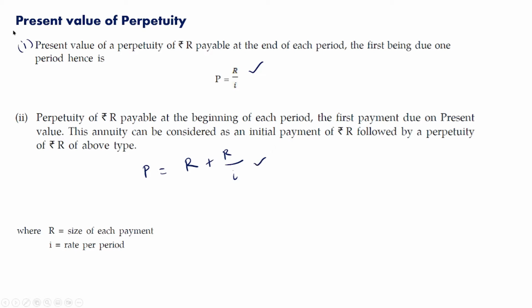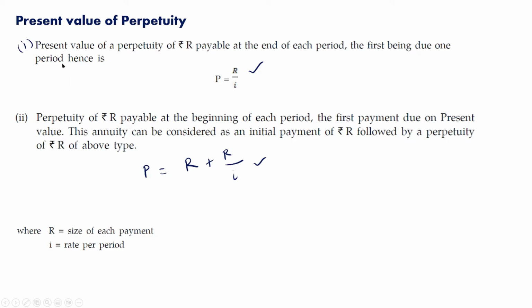Here we can consider this annuity as an initial payment of R, followed by a perpetuity of rupees R of this type. That is the reason why we have R plus R by I, where R is the size of each payment and I is the rate per period.